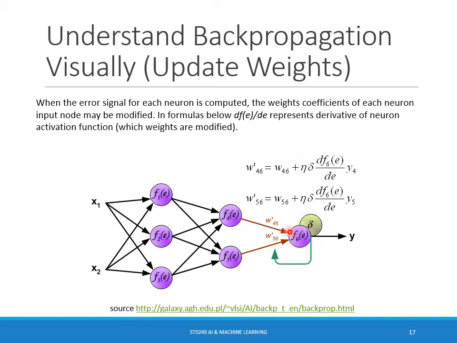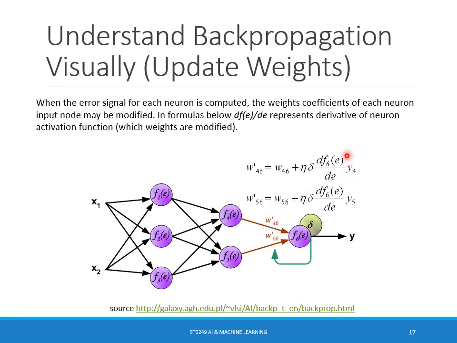So this connection will have a new weight, W46 prime, which is the original W46 plus the learning rate eta, multiplied by the error in that node, multiplied by the slope associated with the output, multiplied by the output from the previous neuron itself.